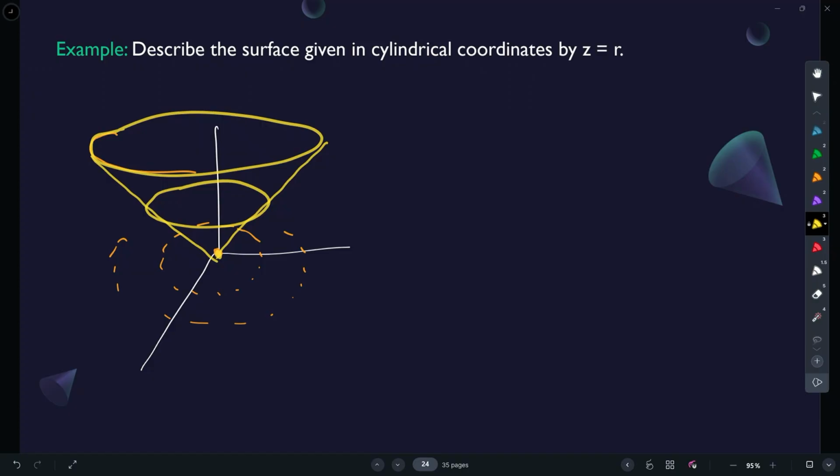Okay? So what happens is that it's actually going to be a cone like that. How can I figure that out without my amazing drawing skills? Well, I have a formula, z equals r, but I know what r is. R is the square root of x squared plus y squared.